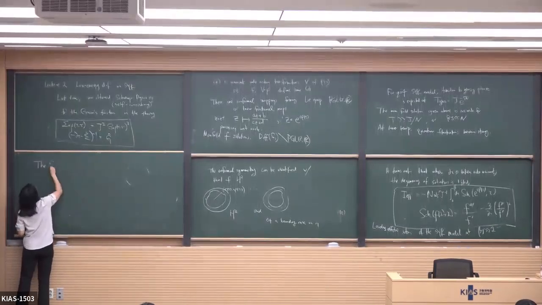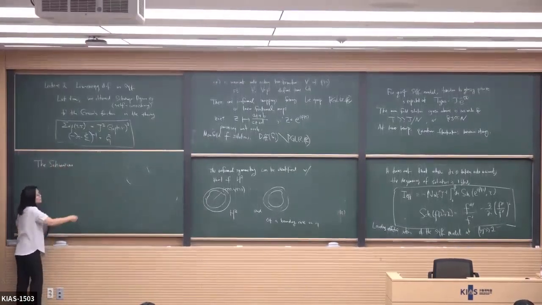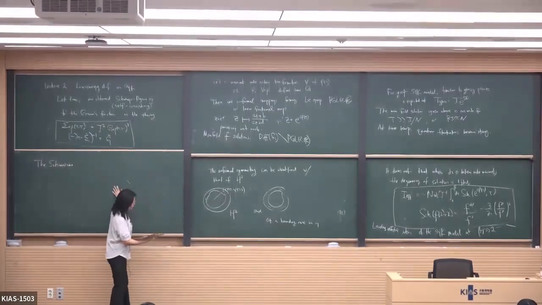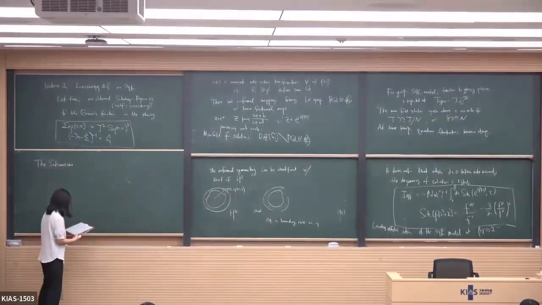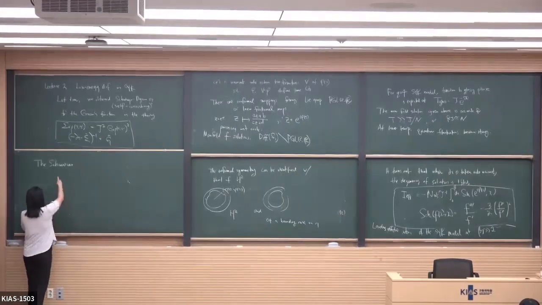So the Schwartzian derivative, where does it come from? The action itself, you can do an RG analysis starting from the UV perturbation, but it also just appears in an expansion of the Green's function at short distances.